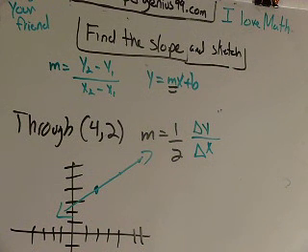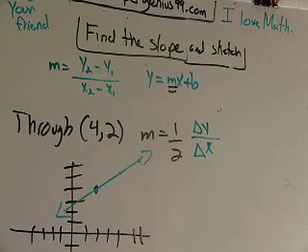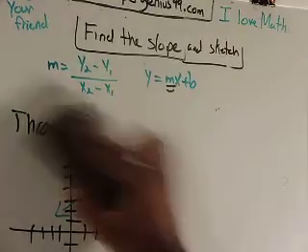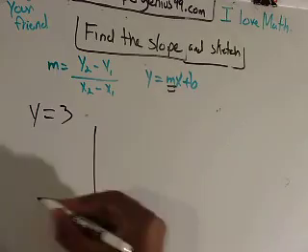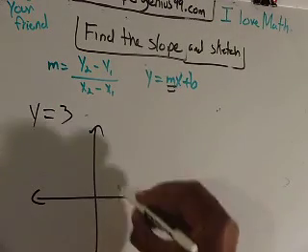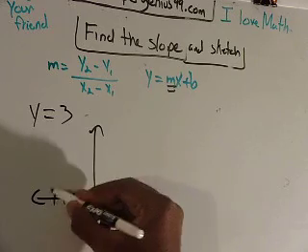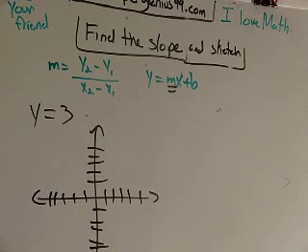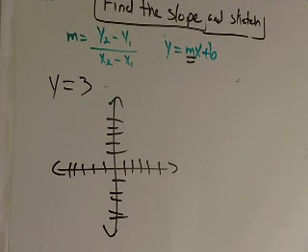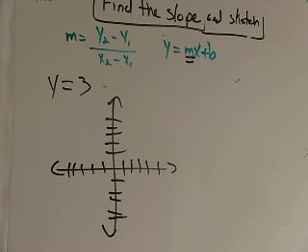Let's try another one. What if they tell you to graph y equals 3? Anytime you have something like this where y is equal to something, that means what? That the y value is not changing. So the y value needs to be constant.